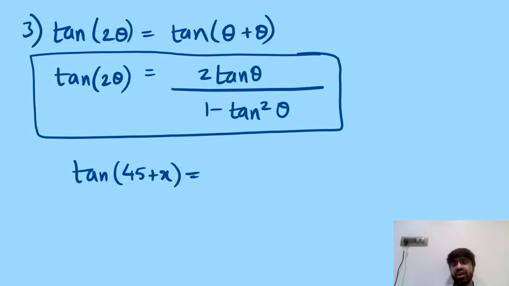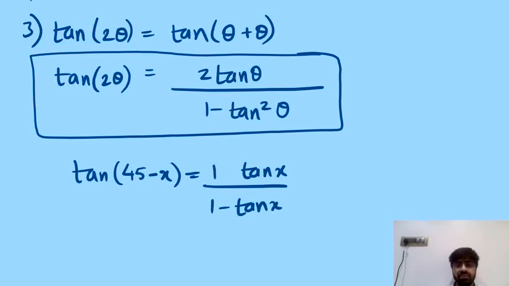If I give you tan 45 plus x, you can write it as 1 plus tan x upon 1 minus tan x. If I give you tan 45 minus x, you can write it as 1 minus tan x upon 1 plus tan x. Now I am giving you a similar formula. 1 minus tan square x upon 1 plus tan square x.